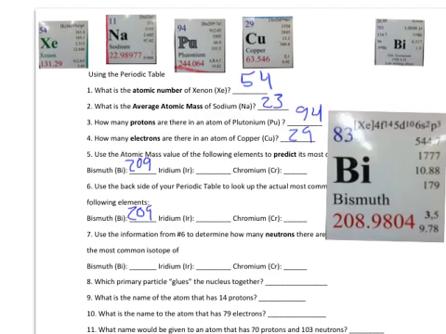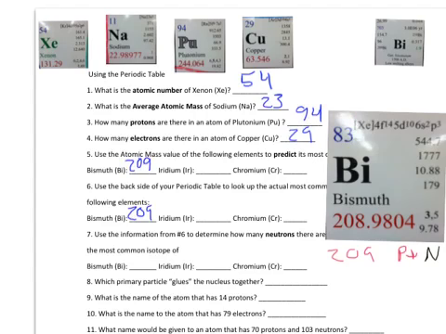This number 209 that we get by rounding this number here, that is equal to the number of protons plus the number of neutrons. Now if we want to find out how many neutrons there are, we simply take away the number of protons. How do we know the number of protons? It's right here.